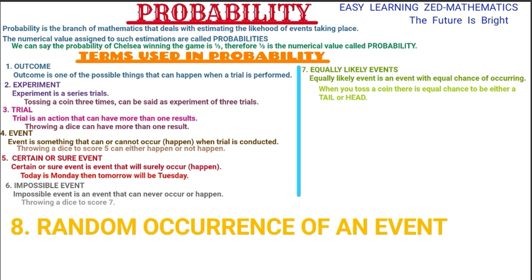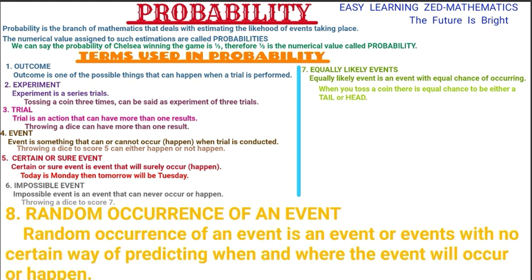Number 8, we are saying random occurrence of an event. Random occurrence of an event is an event or events with no certain way of predicting when and where the event will occur or happen. For instance, if you're a soccer fan, this is the same scenario.